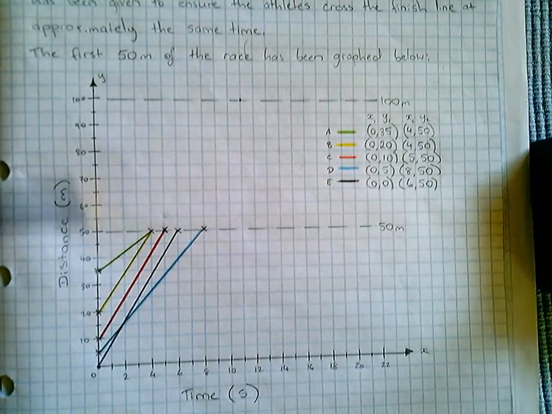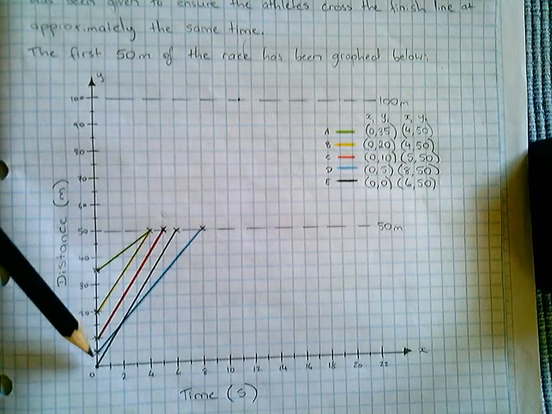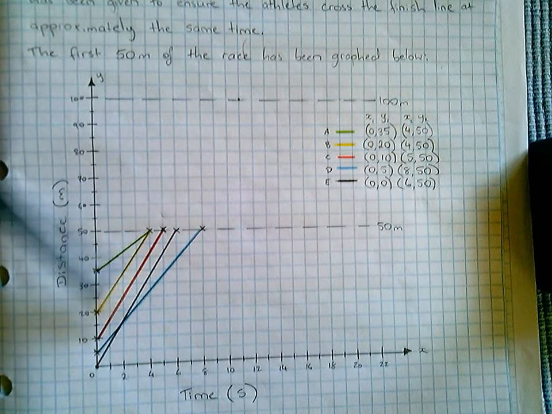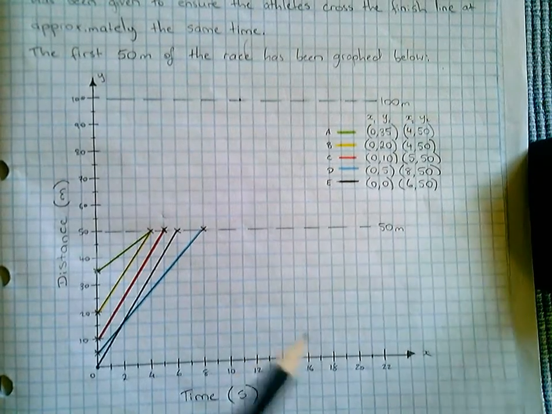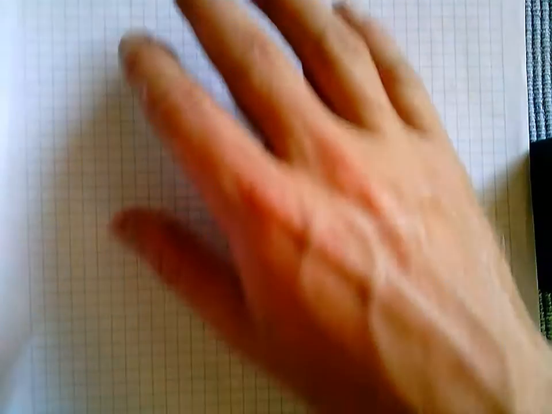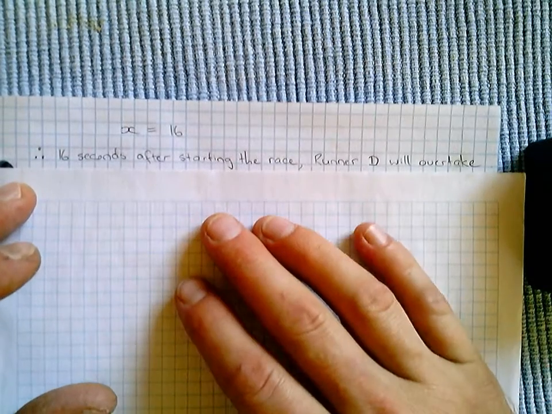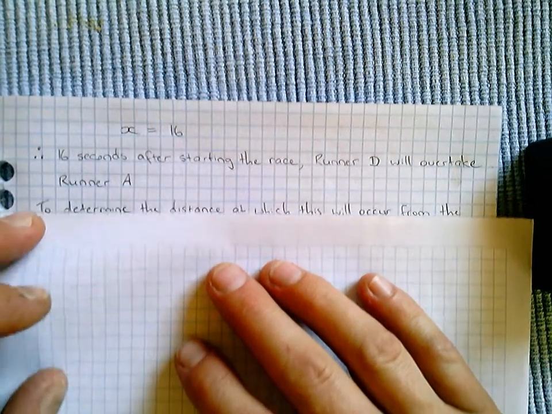Well, not intercept, but one is going to overtake the other. And because runner D is running faster, runner D is the person who's going to overtake runner A. And that's going to occur, as I said, at 16 seconds. And I rewrote that explicitly, therefore 16 seconds after starting the race, runner D will overtake runner A.